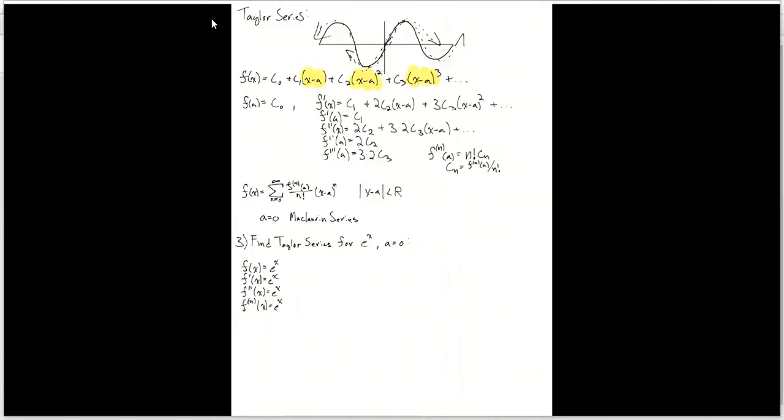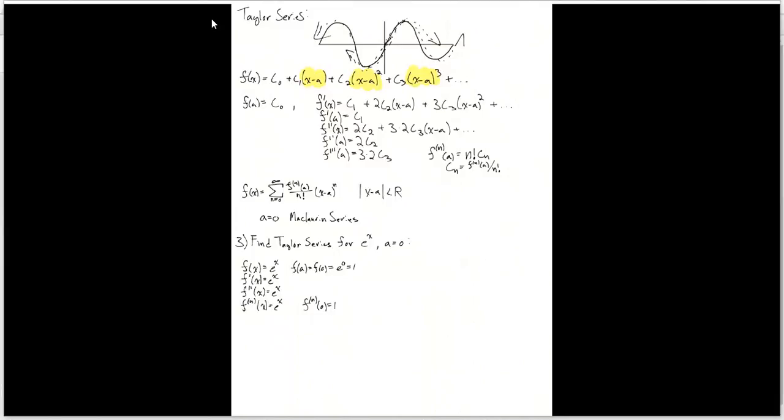Well, what happens when we do f of a, which in this case is 0? F of 0 is e to the 0, and that's 1. So these are all going to be the same. So we have that the nth derivative at 0 is 1.